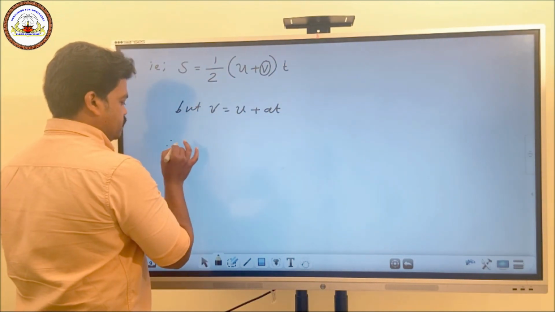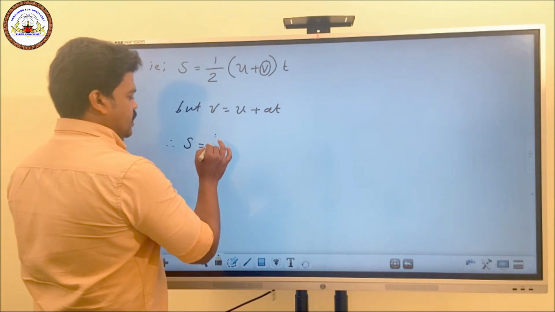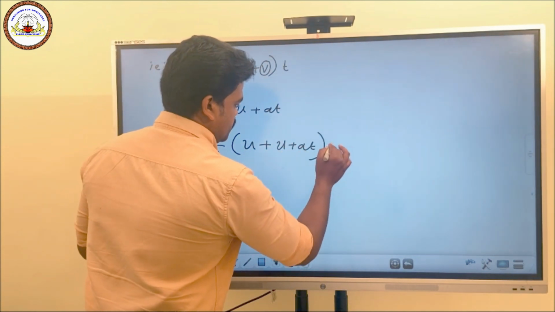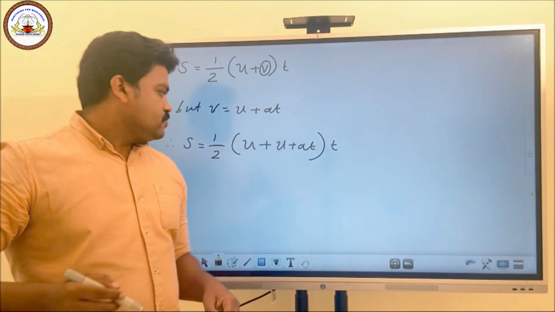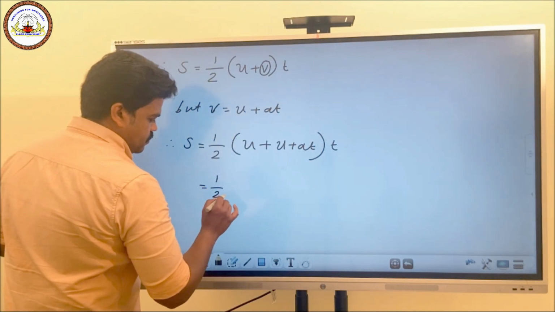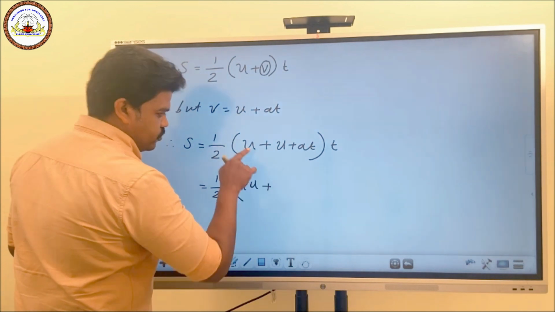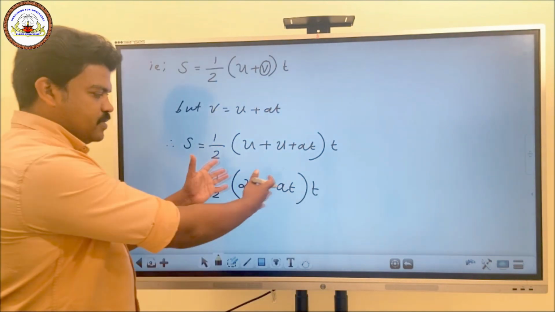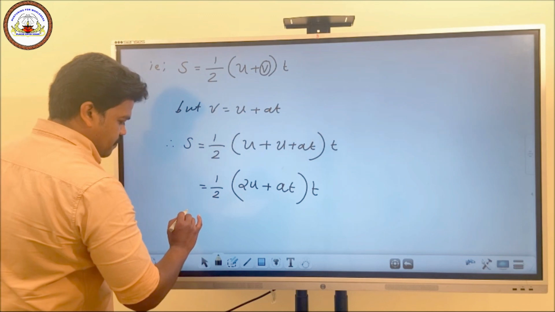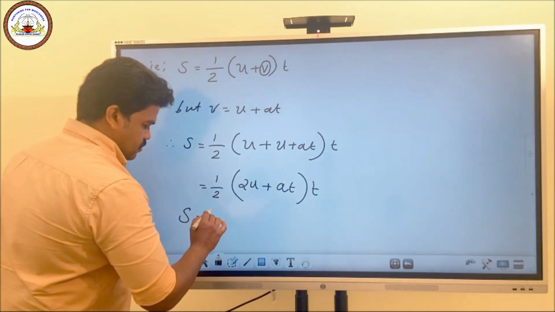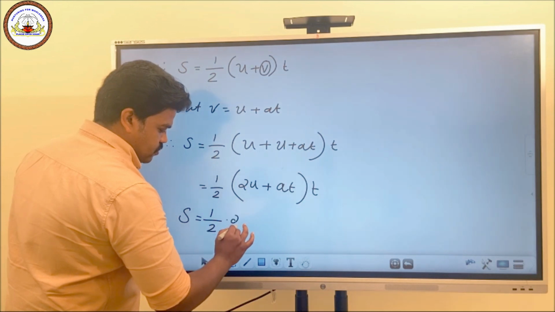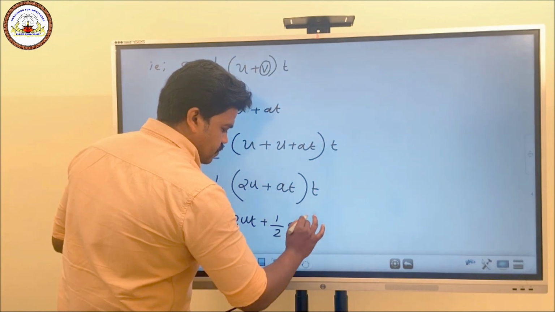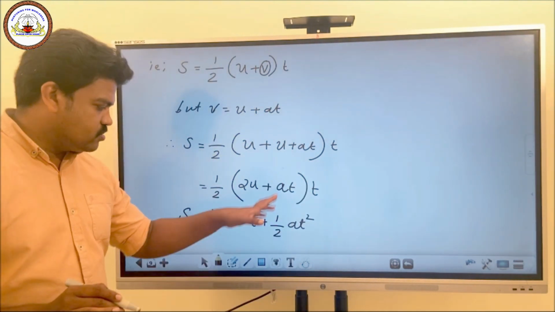Therefore S is equal to half into (U plus AT) into T, which is half into (2U plus AT) into T. Opening the bracket, we get S is equal to half into 2UT plus half into A T square, since T into T is T square.